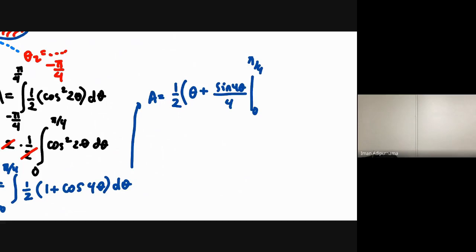And for the other one, plug in pi over 4, and we directly get the answer, pi over 8.